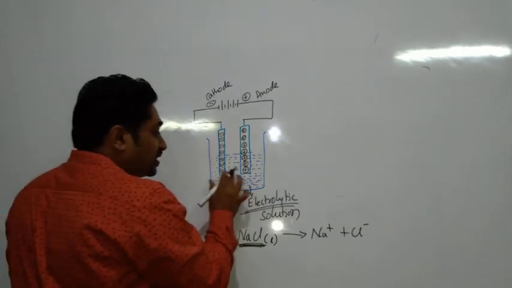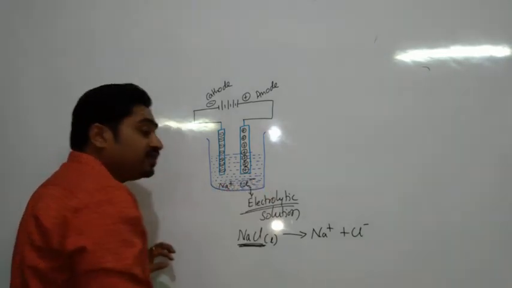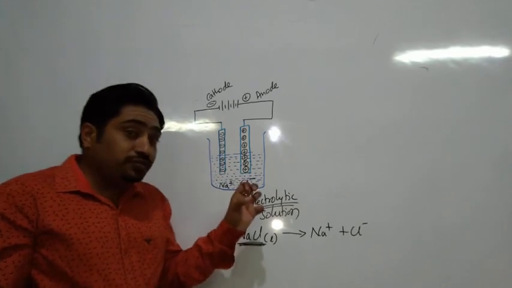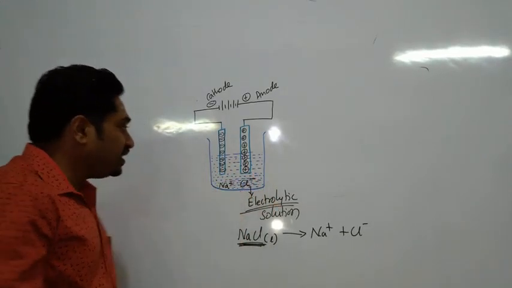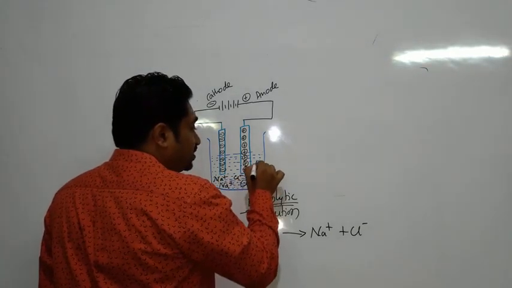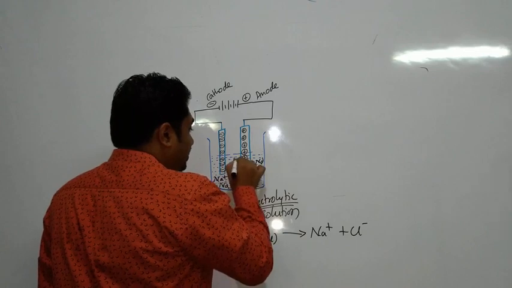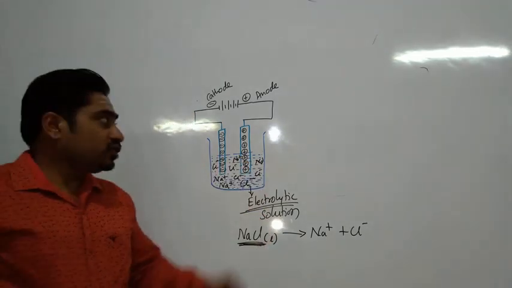So our solution contains a large number of Na+ ions as well as Cl- ions, like this: Na+, Cl-, Cl-, Na+, Cl-, Na+.